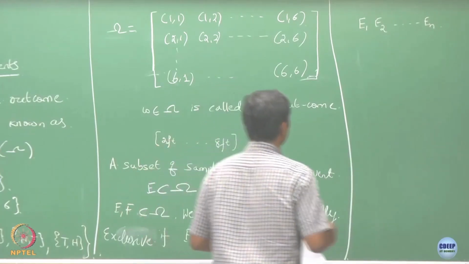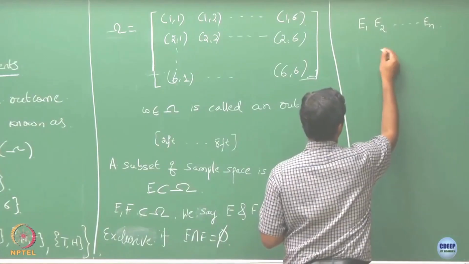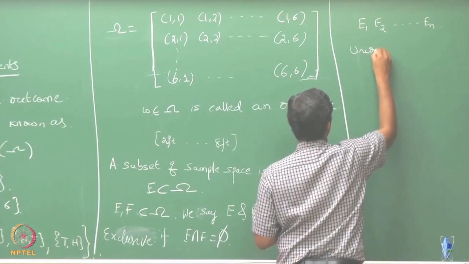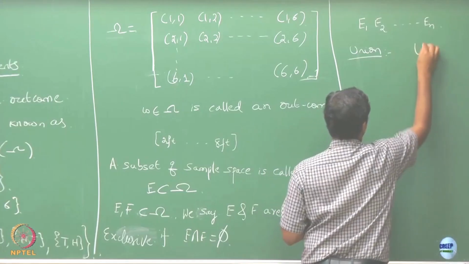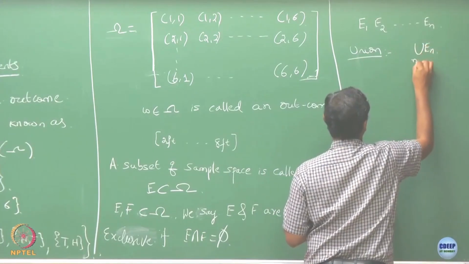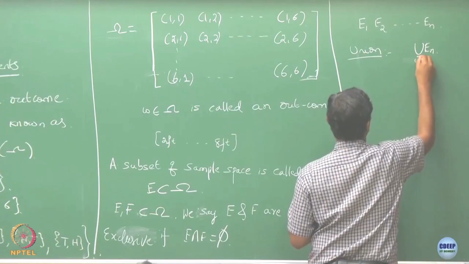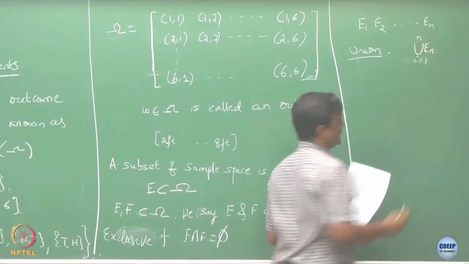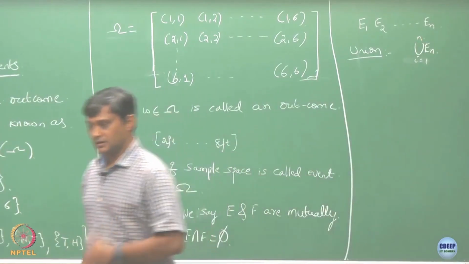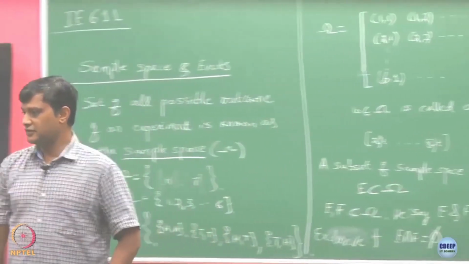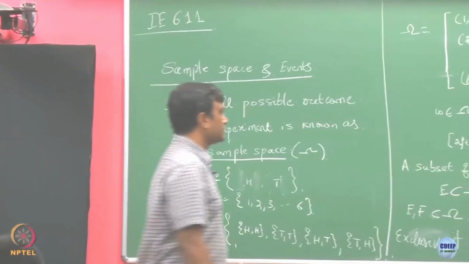For example, let me take the union over i equals 1 to n. So I am just taking the union of all the sets.